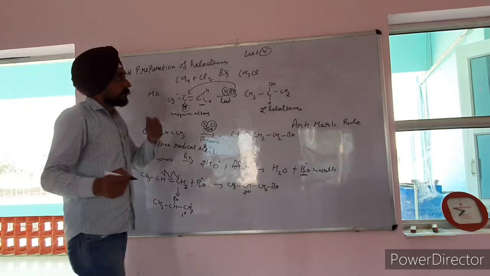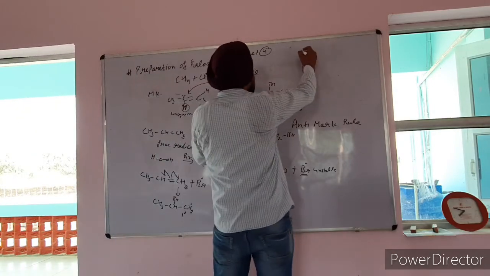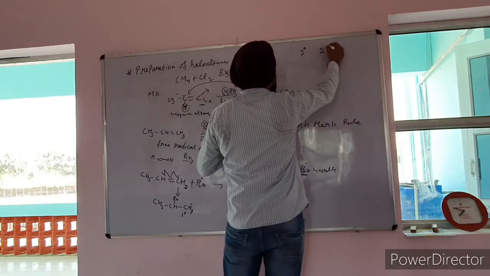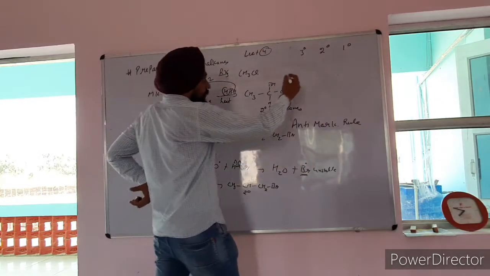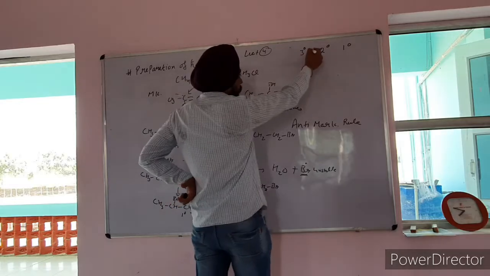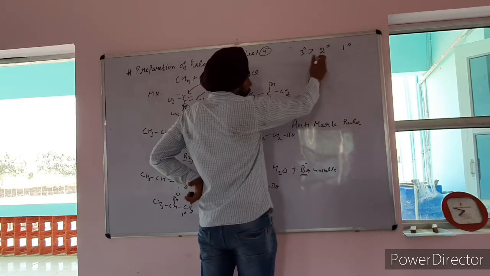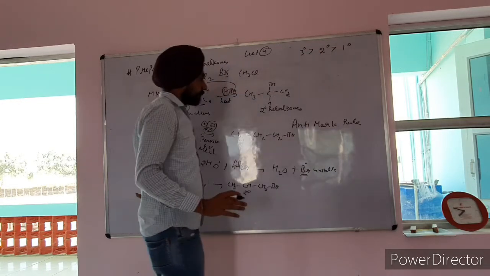In the case of primary, secondary, and tertiary free radicals, we did in class 11 that the tertiary free radical is more stable than secondary and then primary.